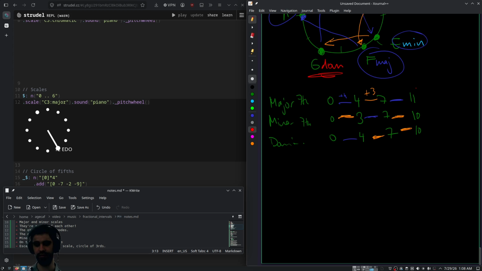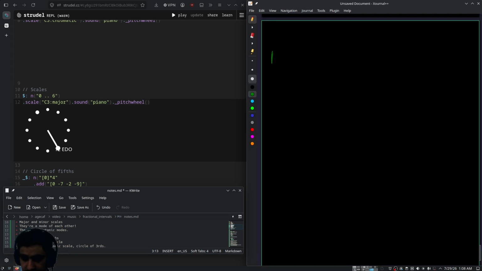And so what is fun about the major sevenths is a lot of things, but one of them is if we look at the major seventh, it's going to be 0, 4, 7, 11, and the minor 7, it's going to be 0, 3, 7, 10, using the same notation as before.